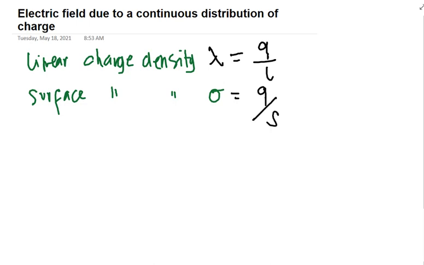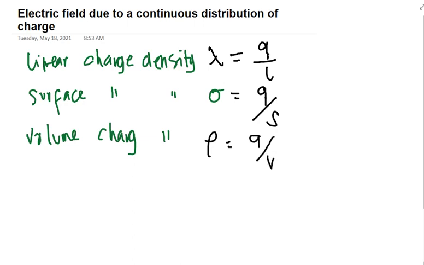So that is your surface charge density. Also, we have volume charge density. It is represented by rho, which is equal to the number of charges present in a specific volume.